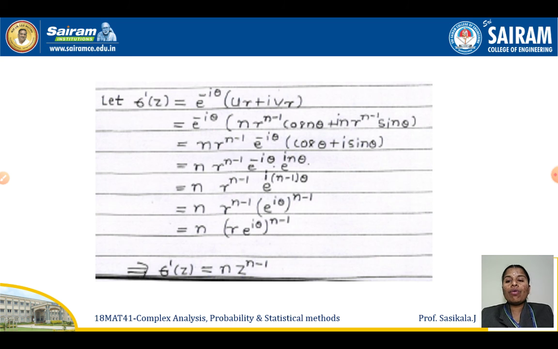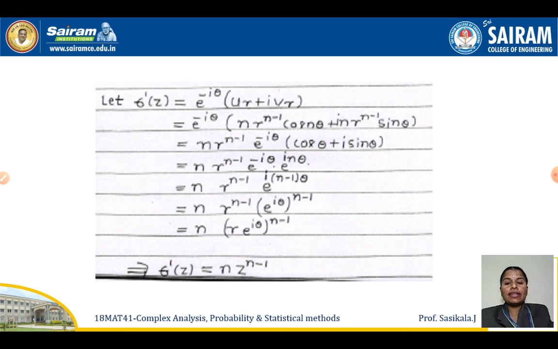Okay. Now f dash of z is equal to e power minus i theta of u r plus i v r. So u r and v r are replaced, and I have taken out the common term n r power n minus 1 e power minus i theta. So what will be left over? It is cos n theta plus i sin n theta. This is nothing but e power i n theta.